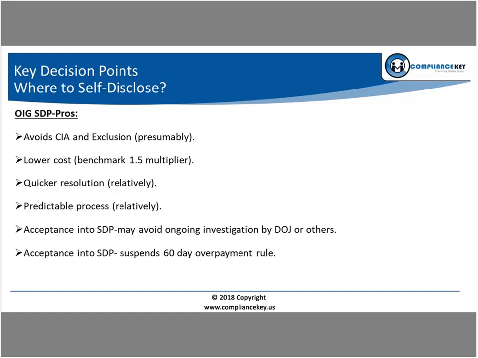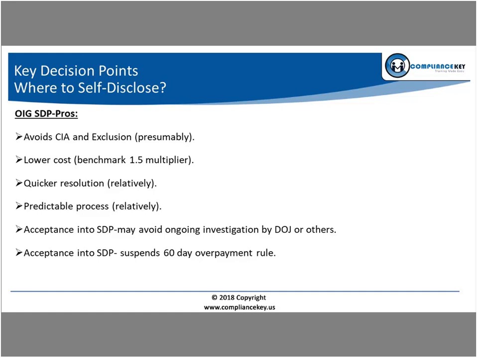It's a $1 to $1.50 type multiplier that's involved with the overpayment. It's a quicker resolution, relatively speaking, than the self-referral disclosure protocol, which I'll talk about in a sec. But it's not likely to be as quick as just a simple refund to the MAC for an overpayment issue. It's also a more predictable process as opposed to something like a direct referral to the Department of Justice.